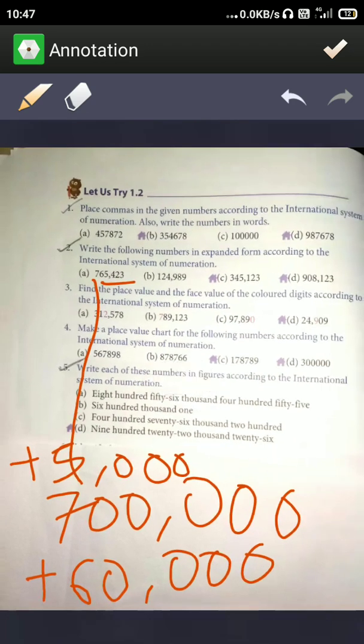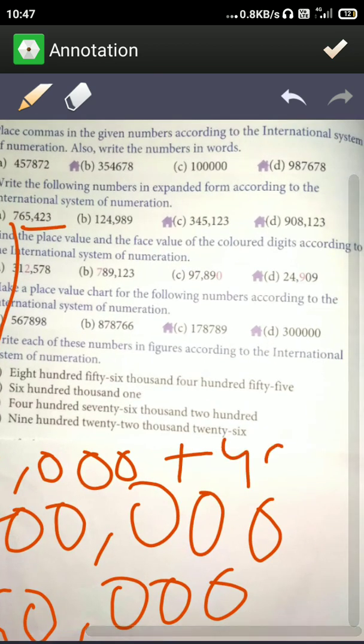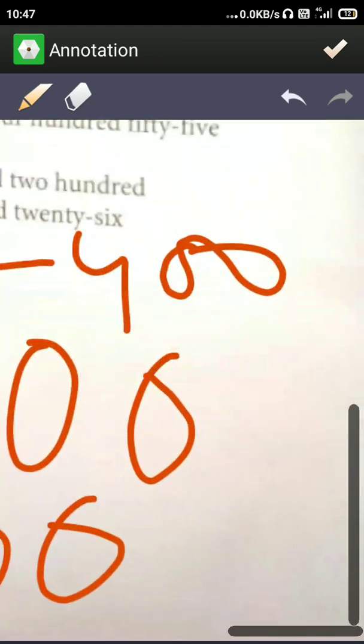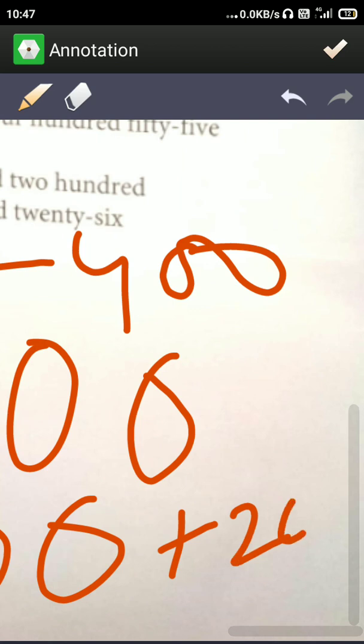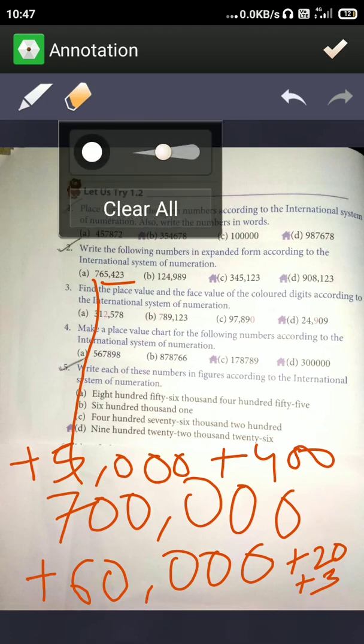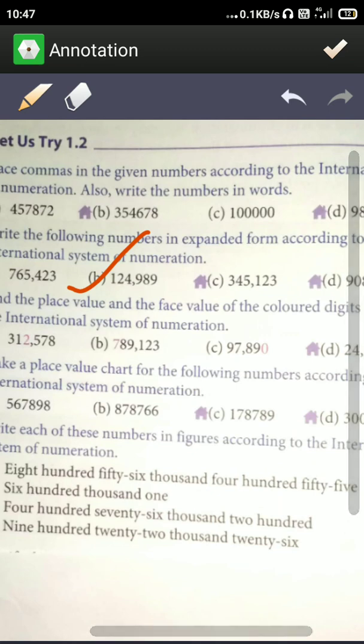What is the place value of 4? It is 400. What is the place value of 2? Place value of 2 is 20, and then 3. So this is our expanded form. I hope you are able to solve the next 3 questions.